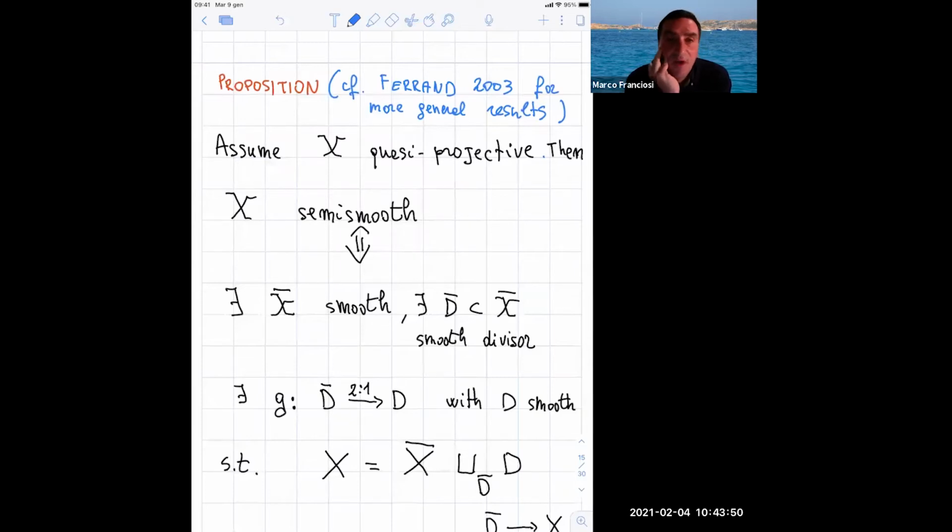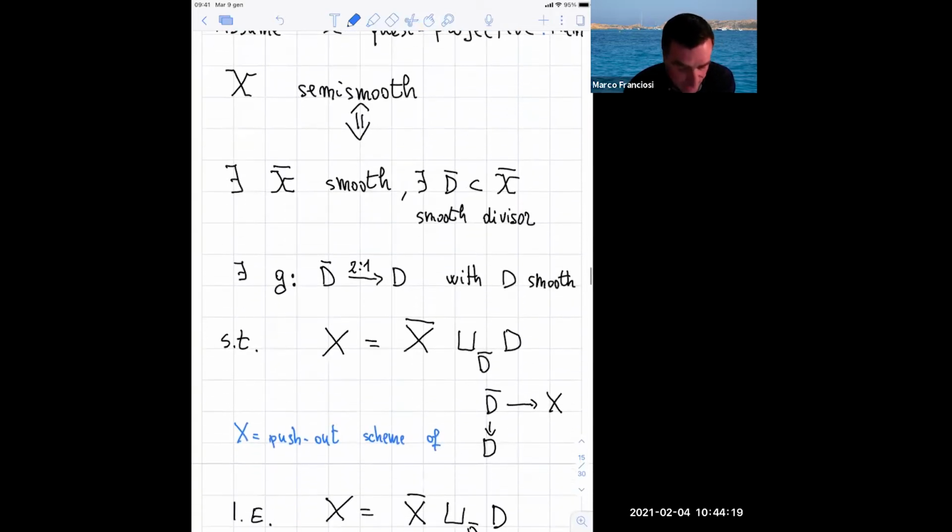Our proposition is the following: a quasi-projective variety X is semi-smooth if and only if X can be built via X bar smooth and D bar a smooth divisor contained in X bar, and a map 2 to 1 onto a smooth divisor D, such that we can obtain X as a push-out scheme of X bar glued along D bar with D. So we have here X bar, and we can build X in this way.